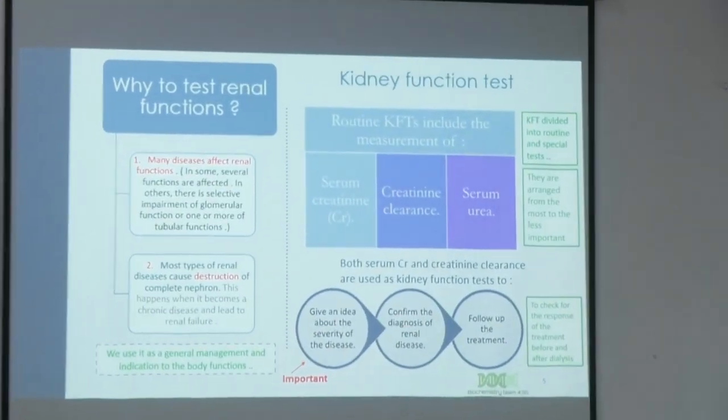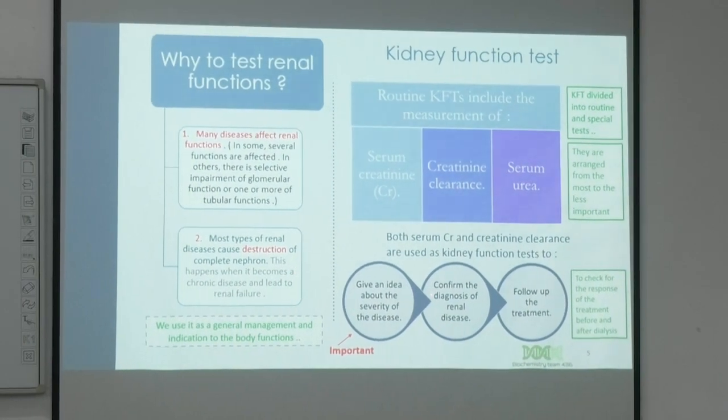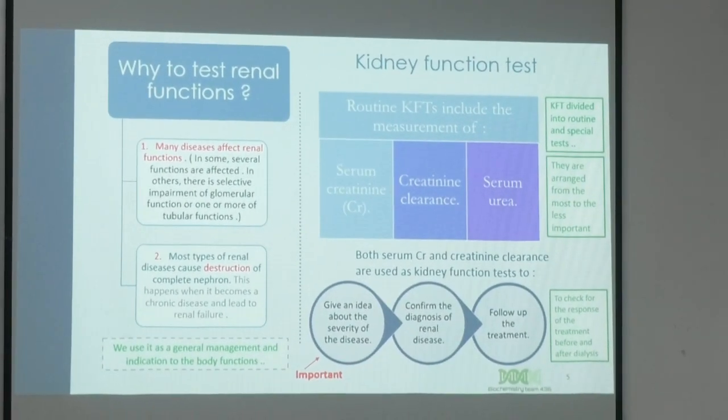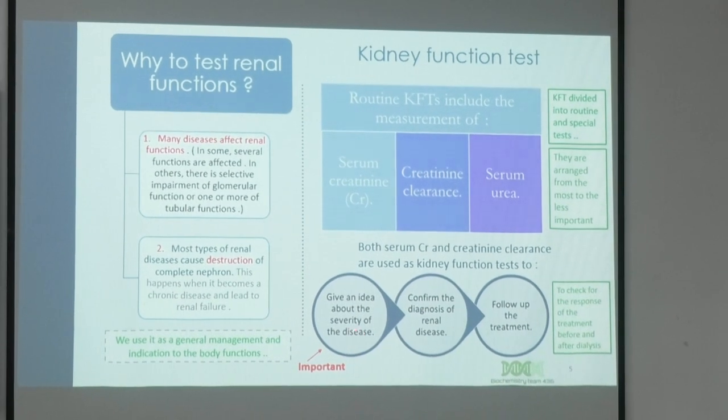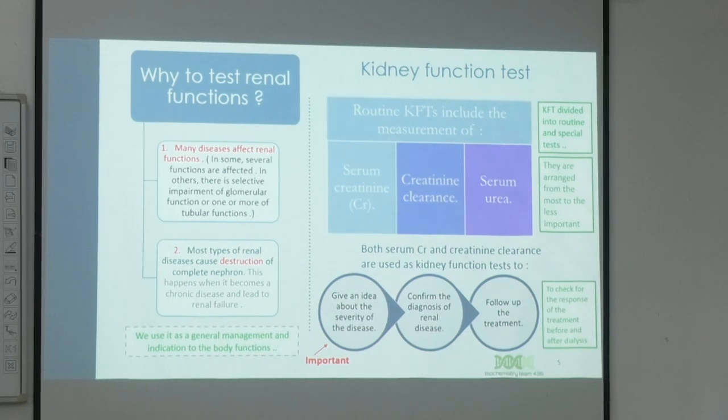So, what idea does it allow you to have? It gives an idea about the severity of the disease. Severity of the disease in what kind of diseases? Intrinsic kidney diseases. Creatinine levels will not show you the severity in a hepatic encephalopathy or a malarial fever. It will only show you severity of the disease in case of intrinsic kidney diseases.